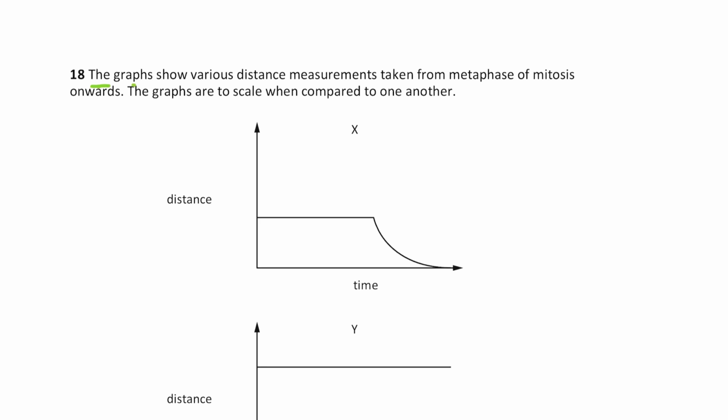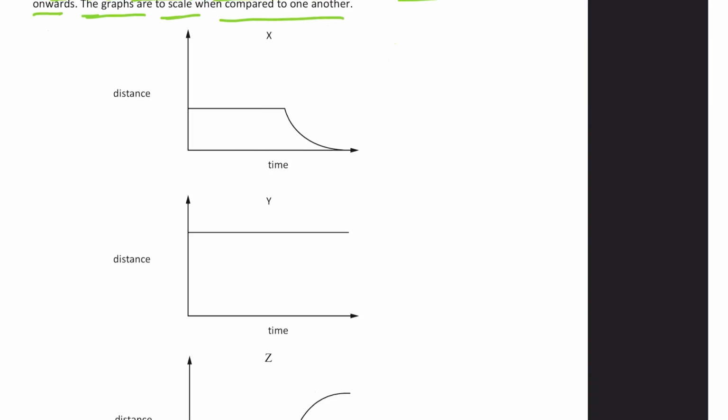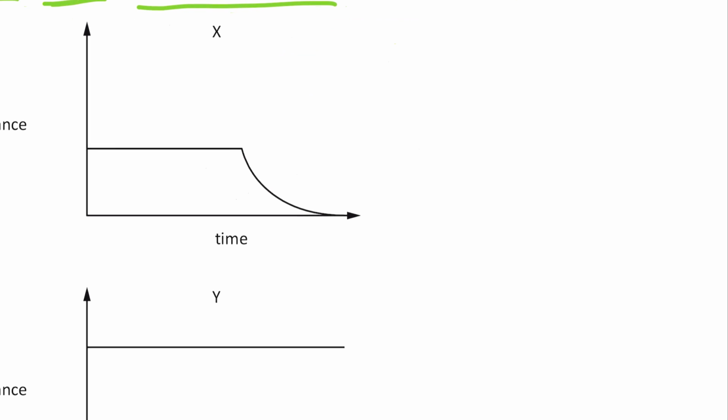The graphs show various distance measurements taken from metaphase of mitosis onwards. The graphs are to scale when compared to one another. Okay, so guys, these are the measurements of the distance taken during mitosis from metaphase onwards. So if we draw a diagram showing metaphase, what happens during metaphase?